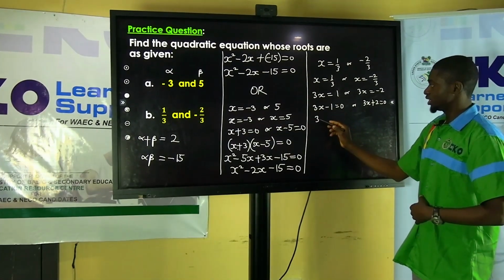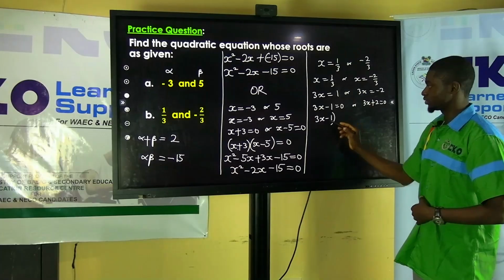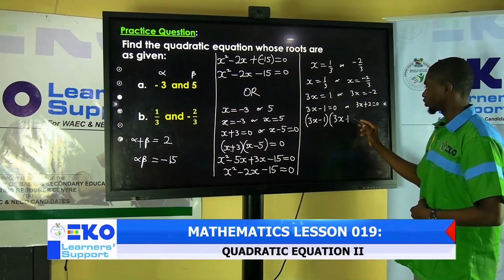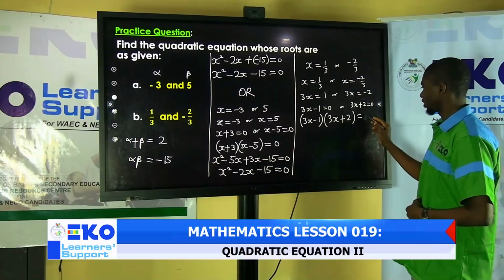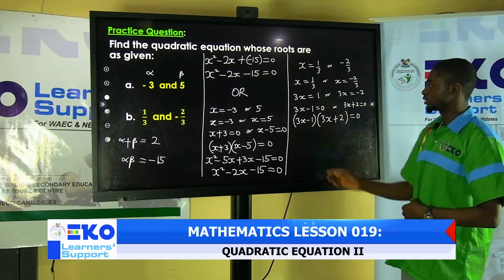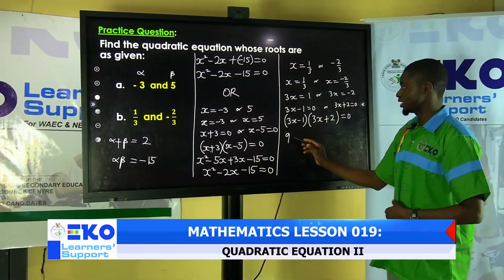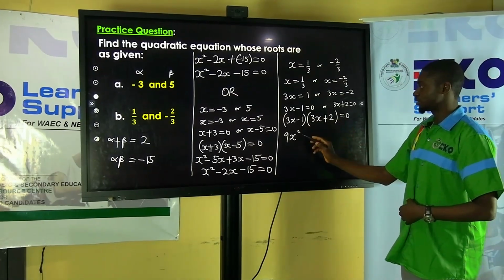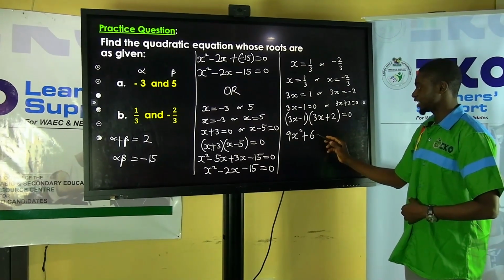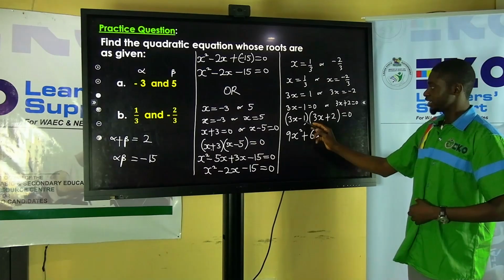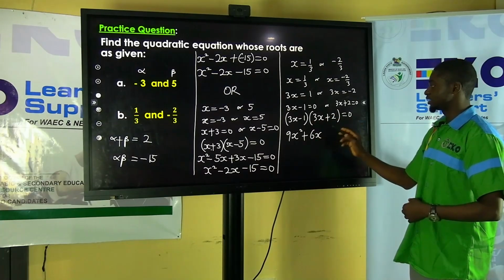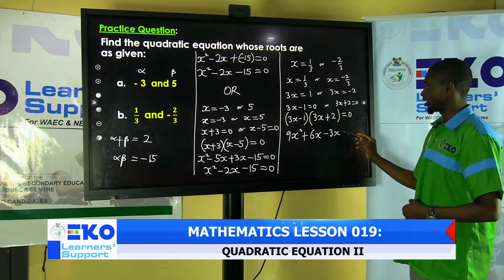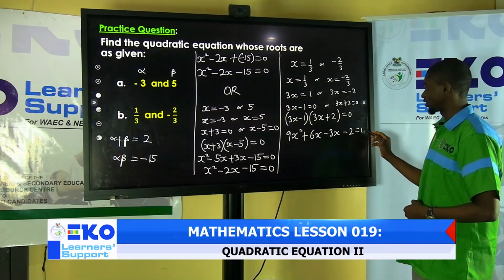Now we say 3x minus 1 multiplied by 3x plus 2 equals 0. So we then open the bracket. To say this, we have 9x squared, multiply this, plus 6x, negative 1 is used to multiply this. We have minus 3x minus 2 equals 0.